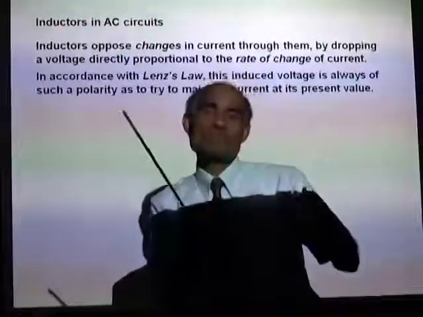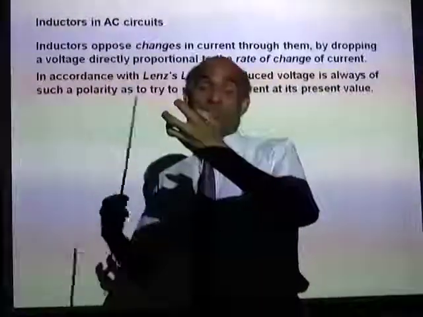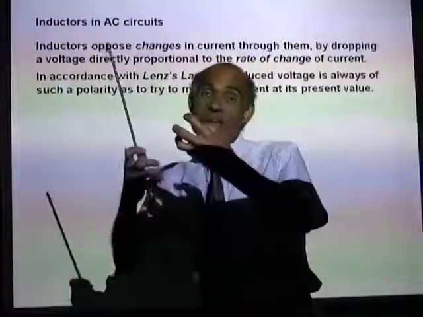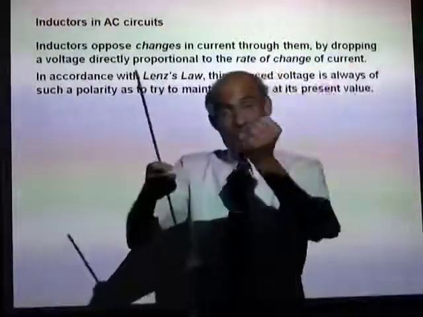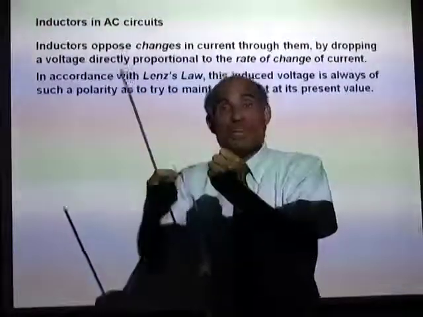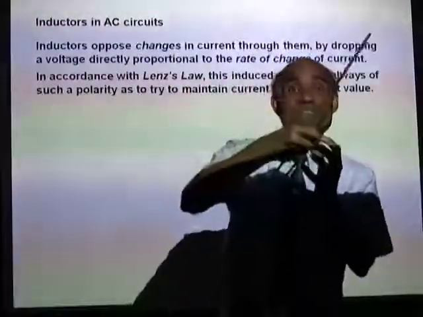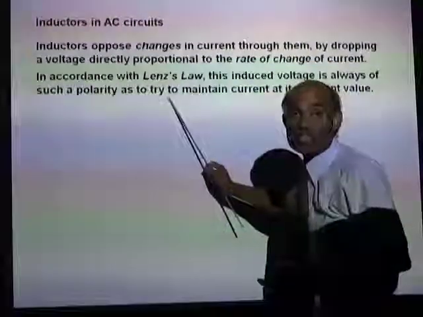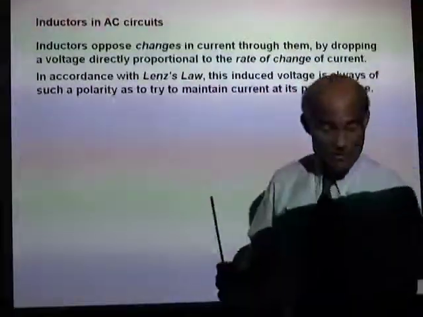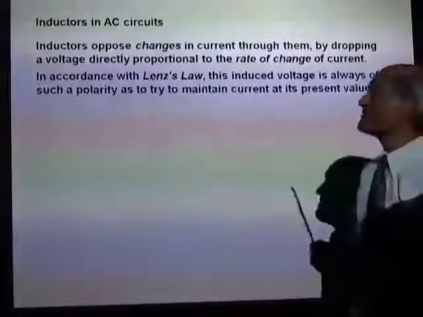Why? Because if the current increases, the self-induced EMF will tend to decrease it. If the current decreases, the induced EMF will oppose that decrease. Therefore, the tendency is always to maintain the current at the present value.